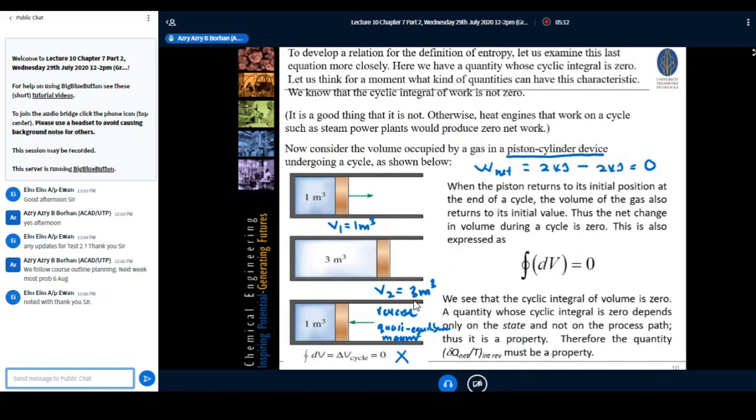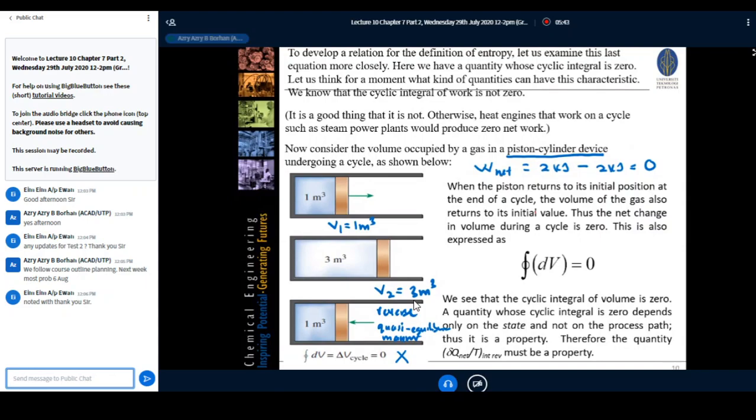For example, if we relate it with W, the W net will become zero, so this cannot represent W net. If W net is zero, then any working equipment such as a turbine or compressor will not give you a positive value. So it is impossible for it to be W net.